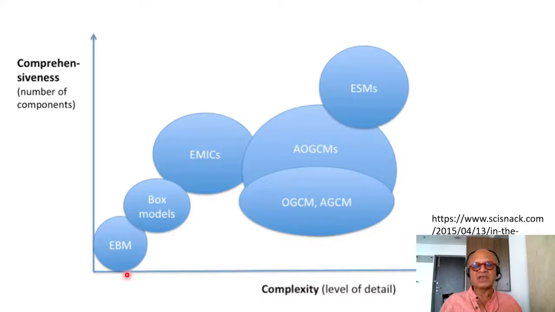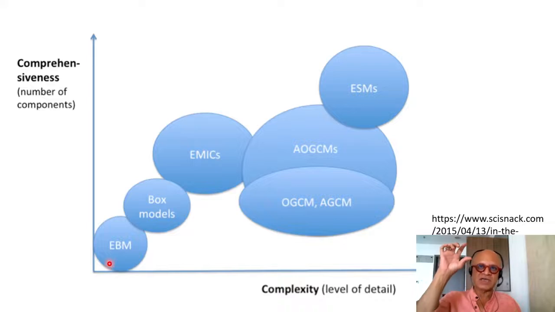So models can have various levels of complexity or level of detail, and they can have various levels of comprehensiveness or number of components. It absolutely depends on what your purpose is. So if you're just trying to understand something like the zonal mean meridional energy transport, you would do something like an energy balance model.